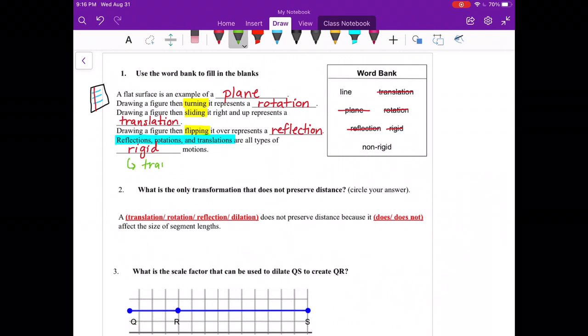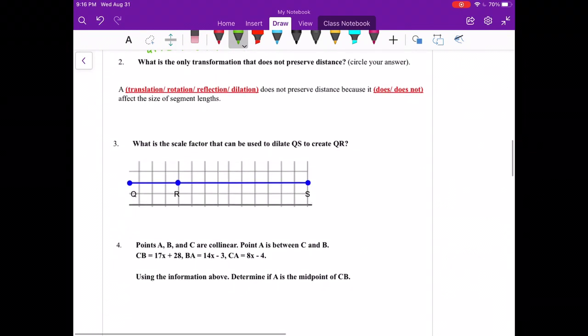So let's write that down here. Now let's move on to the next question.